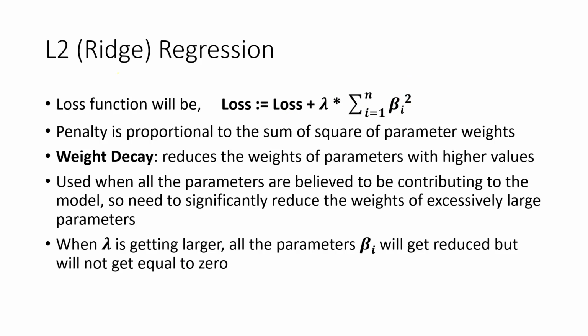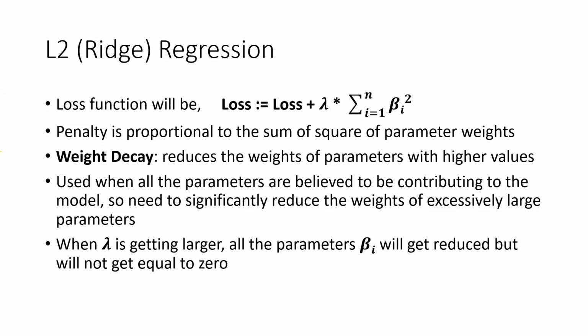So the difference from the L1 regression is that in the L1 regression, some of the beta parameters will go to zero, but in the L2 regression, none of the parameters will go to zero, but all the parameters will be reduced, especially the larger parameters. The larger parameters will be reduced more, which is known as the effect of weight decay. Weight would be decayed from larger values to moderate values, right?